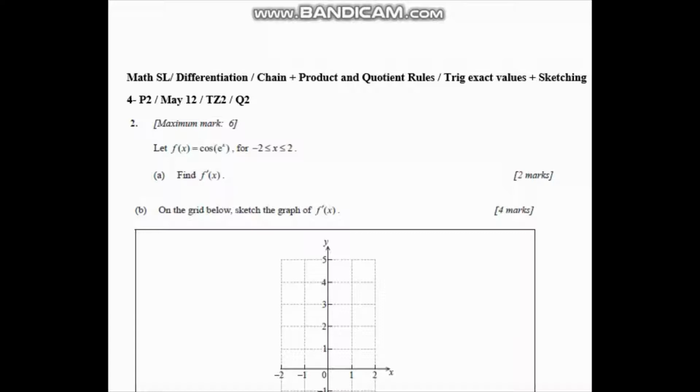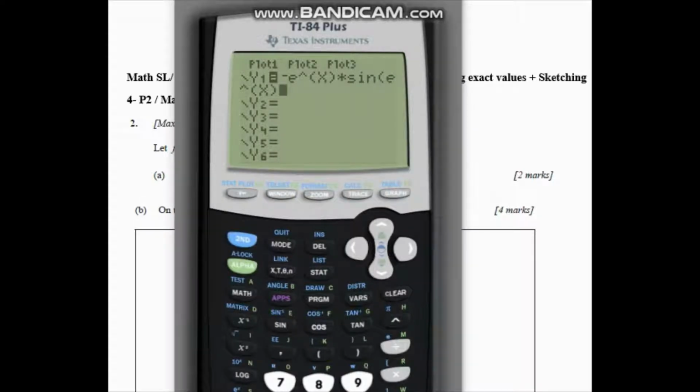So question B requires us to sketch the graph of the derivative function that we have obtained, and of course I need to use the GDC in order to do that. I first go to the button y equals in order to write my equation down, and as you can see, I've typed down the derivative function that we have obtained, negative e to the power of x sine e to the power of x.